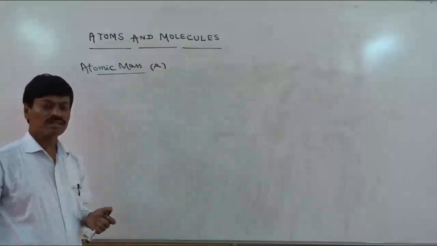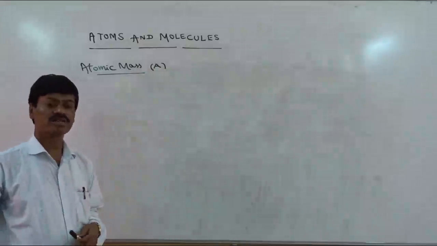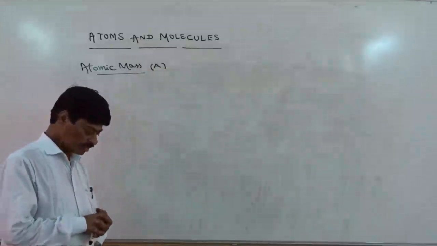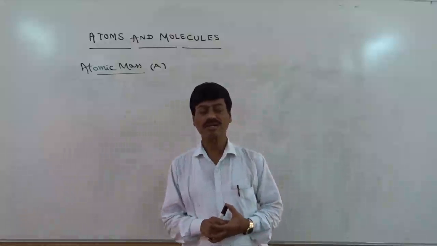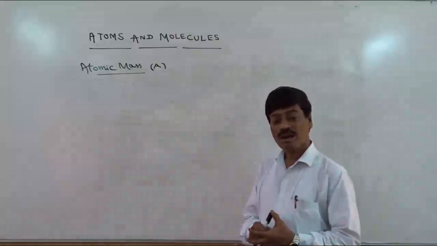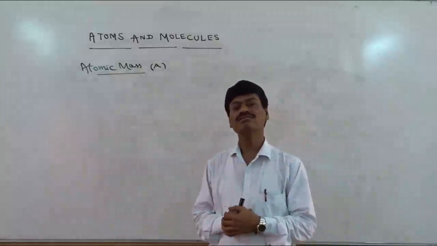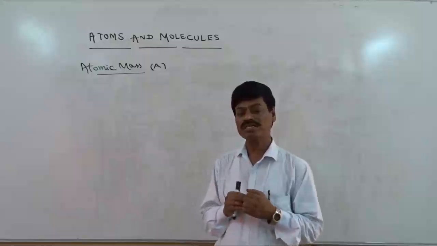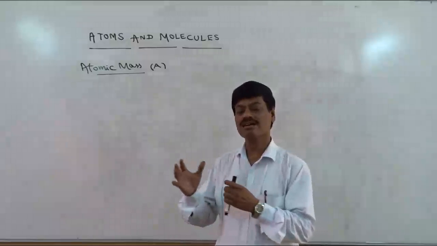Now let us see how the atomic mass of a particular substance is calculated. Whenever we want to express the mass of a substance, we compare it with a standard mass, meaning by how many times its mass is greater than the standard one.